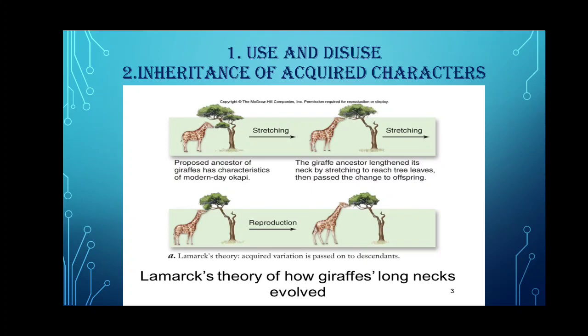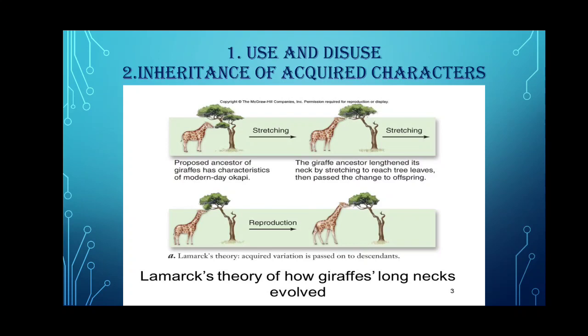But at a later stage, the area fell short of its ground-level vegetation, and therefore the giraffe started feeding from the trees. Constant stretching of the neck and forelimbs over many generations resulted in these structures becoming longer and stronger so as to reach the higher leaves.